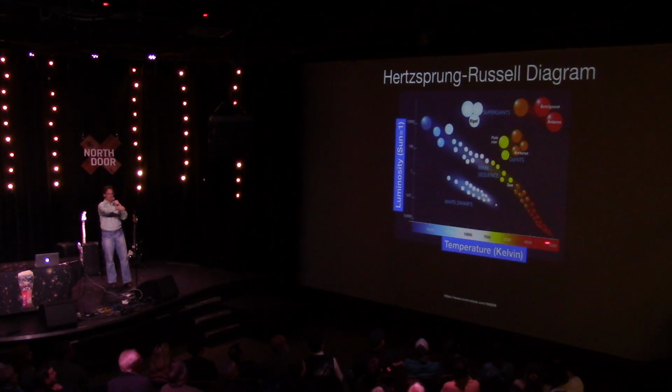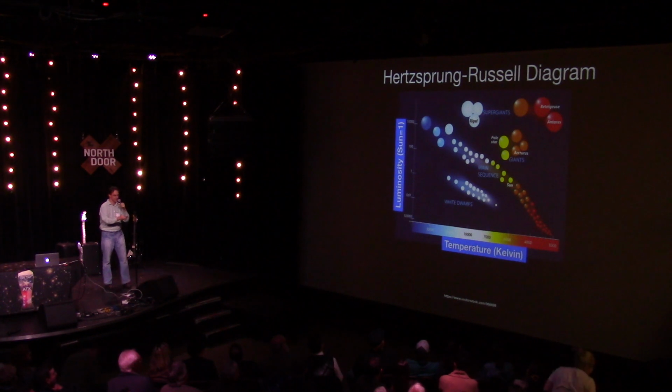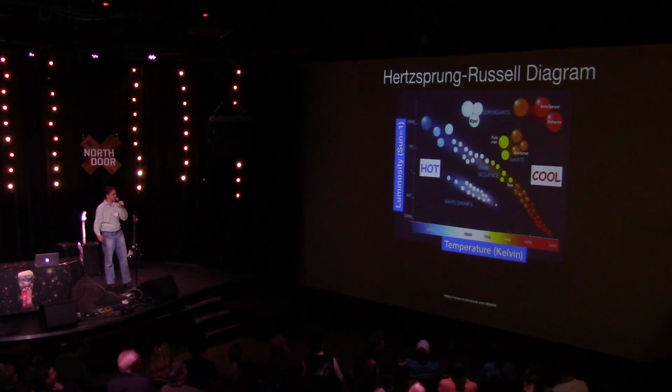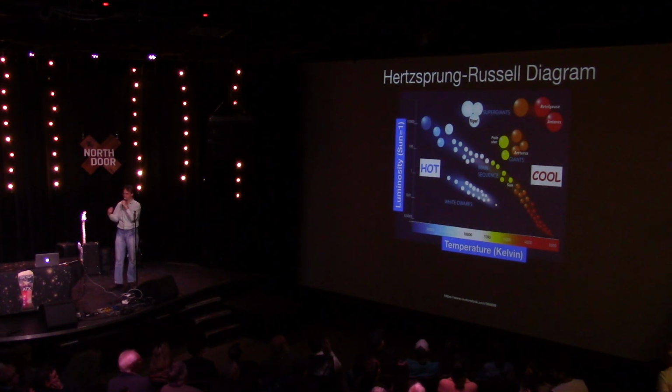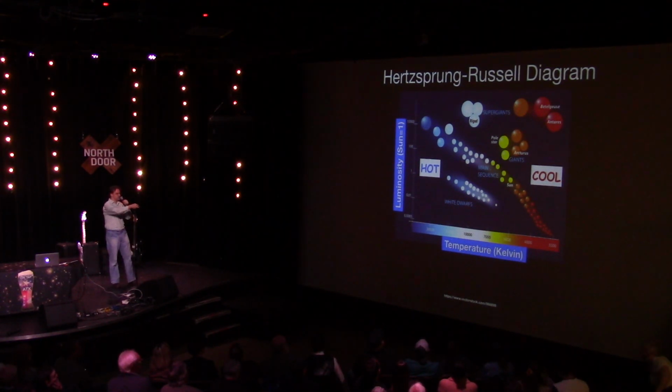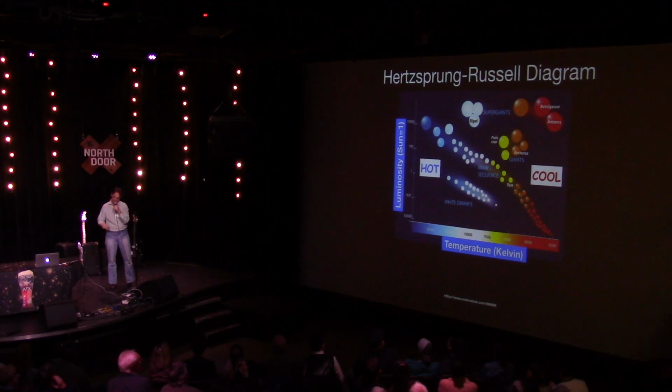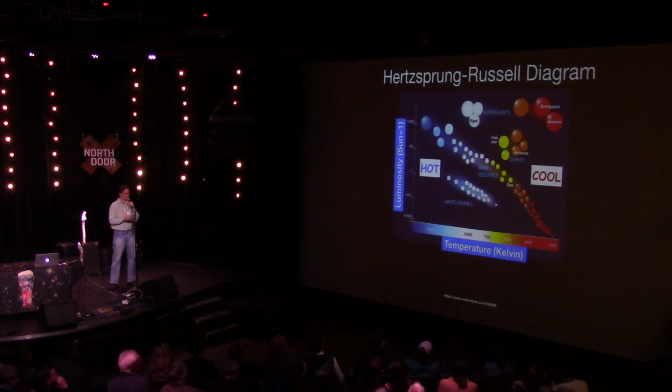I realize that the axis is backwards, but it's been that way for 100 years, so sorry, we're stuck with that. Hot stars on the left, and those are the bluish stars. Cool stars on the right, those are the reddish stars. And when I say cool, 4,000 Kelvin is enough to melt any metal in the periodic table. So it's still hot, but relatively cool relative to the other ones.